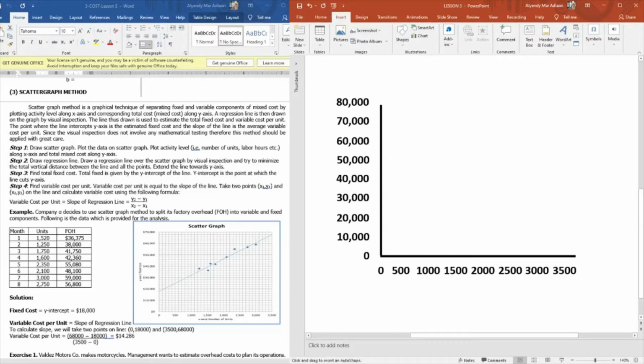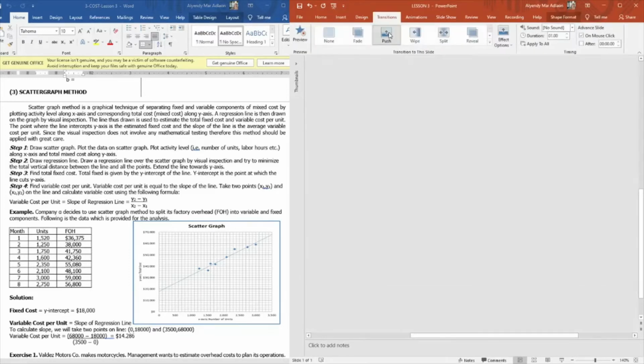For month 1, we have 1,520 units, that is for the x-axis, and 36,375 for the y-axis. So for the x-axis, 1,520, it is more or less around here, right? You just have to estimate, so no problem with that.